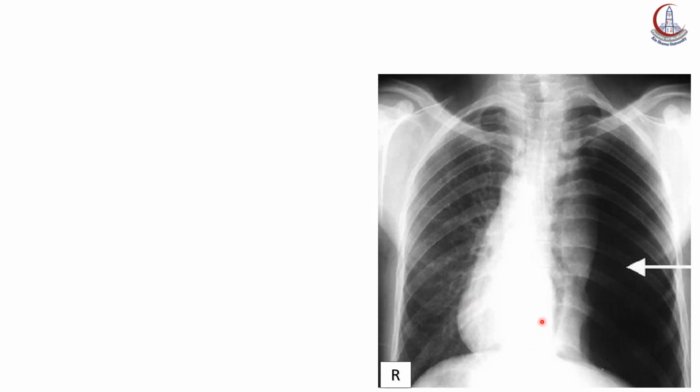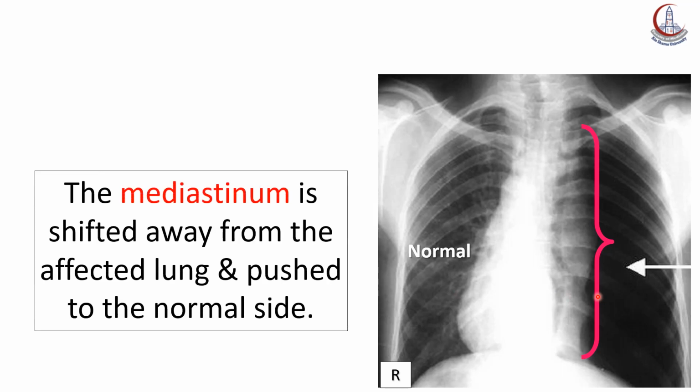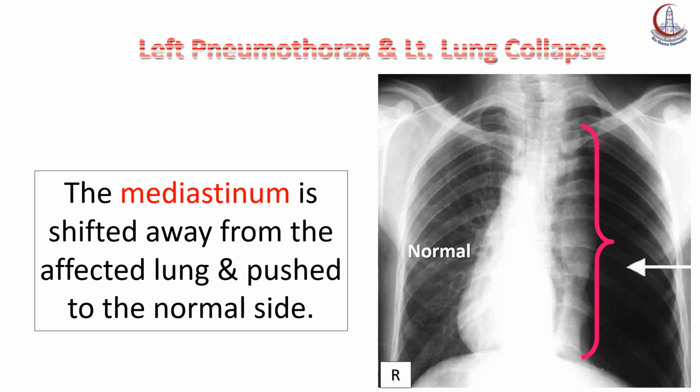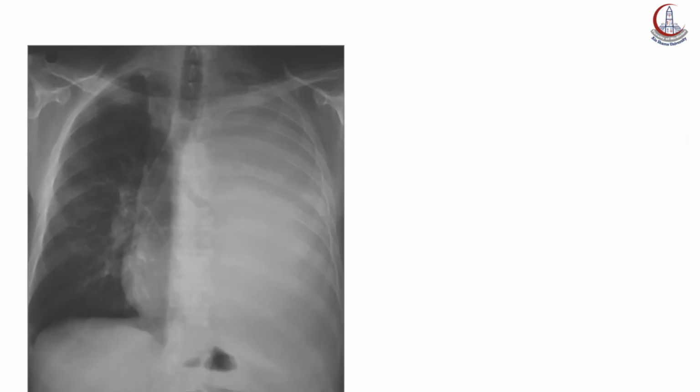Here the shadow of the heart is shifted to the right side. So the mediastinum is shifted away from the affected lung and pushed to the normal side. This is an example of left pneumothorax and left lung collapse.